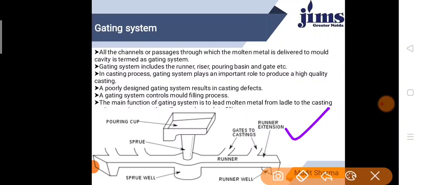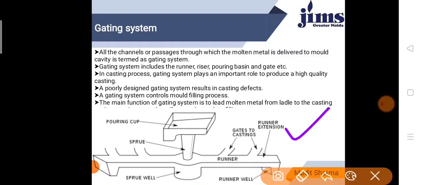A poorly designed gating system results in casting defects. A gating system controls the mold filling process. Its main function is to lead molten metal from the ladle to the casting. So what are the common requirements of a gating system?